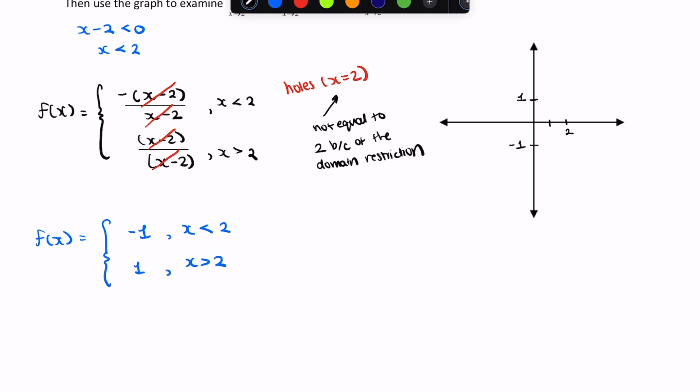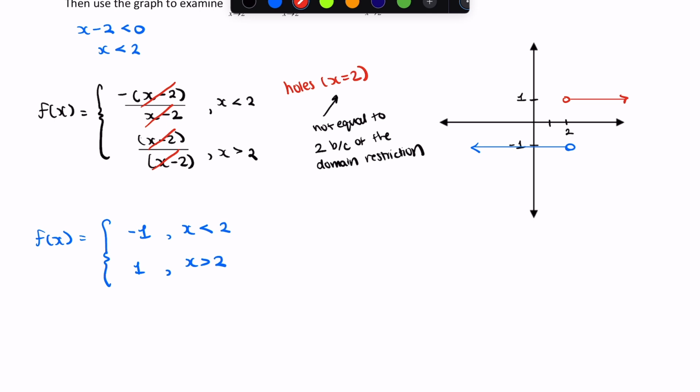We see here that when x is less than 2, it is at -1. And we know that here there is a hole at x is equal to 2, and we represent that by an open circle. Here we see that when x is greater than 2, there is also a hole, and it's at 1. So the graph is going to look like that.